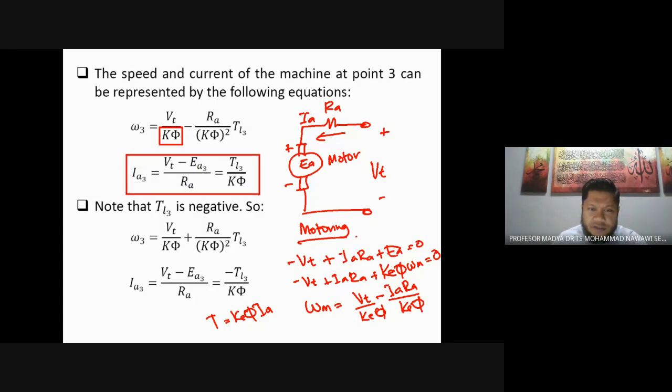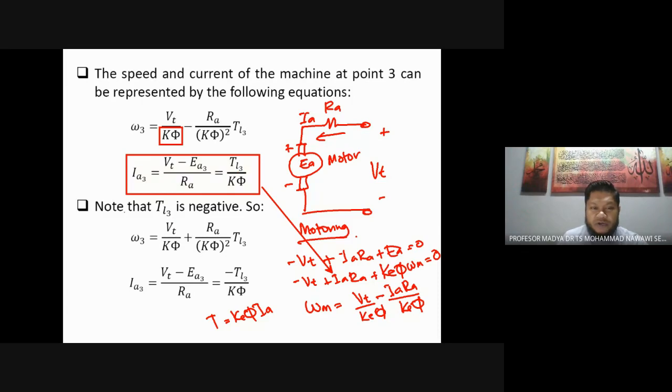We have this direction. This is actually from that equation here. You can find that IA is VT minus EA.